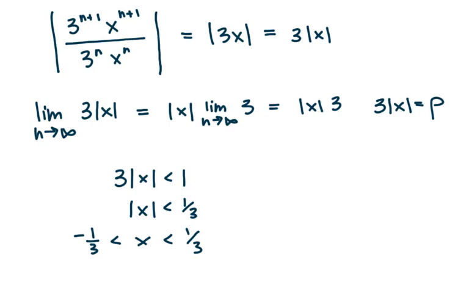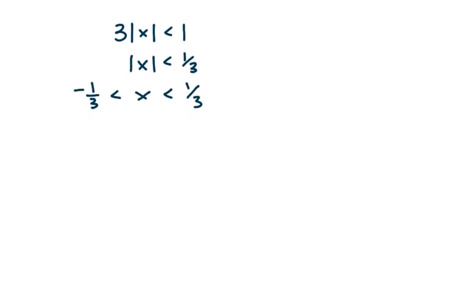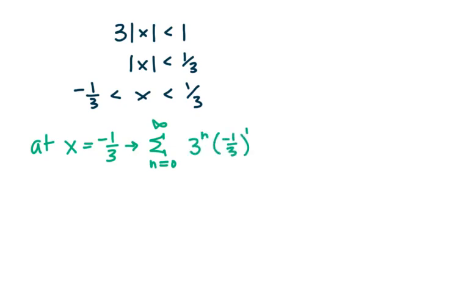So this is my interval. This is my radius of convergence. But we need to test each endpoint. That's going to be important here, and we've seen that in the previous examples as well. So what happens at x equals negative 1/3? That would give us the sum from n equals 0 to infinity of 3 to the n times negative 1/3 to the n.